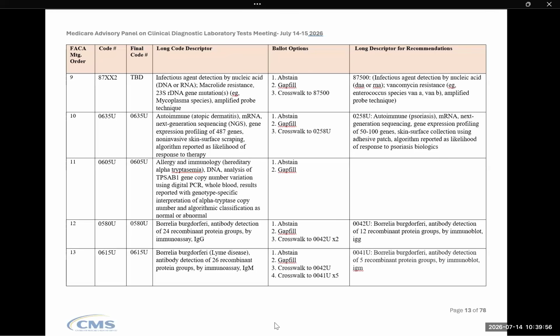Fabulous. Are there any other options, questions or comments from panelists or from CMS about this code? All right. If not, panelists, please cast your votes.